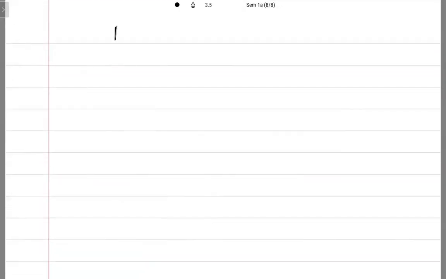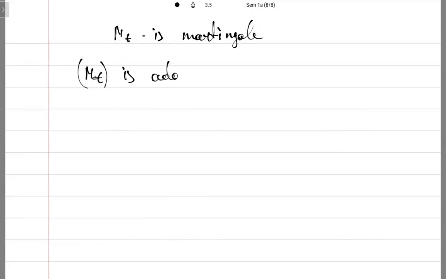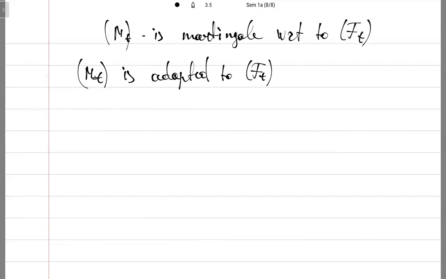And the conclusion is that M_t is a martingale. The formal definition is, first point, that M_t is adapted to the filtration F_t. Second point, that the expected value of M_t given F_s is just M_s. That's the definition.